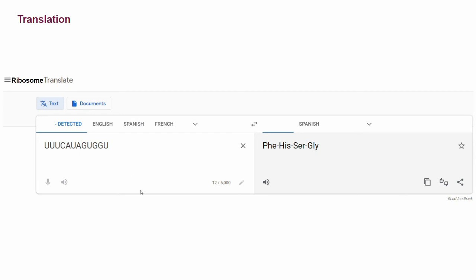Now, the mRNA contains the codes or the words that the cell does not understand. Okay, this is the language that the cell does not understand. The proteins are basically the words that the cell understands. So this is the translation or the final product, the proteins that the cell will be using at the end. So hopefully this whole thing makes the translation process a little bit easier to understand.